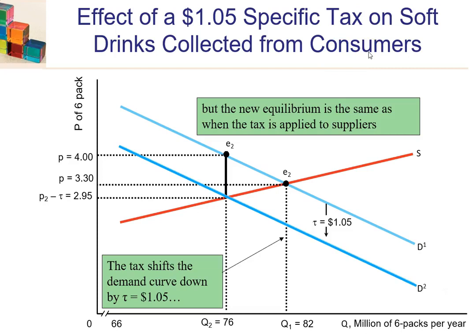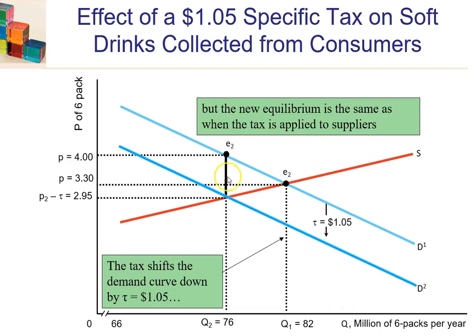And the last thing worth noting is that the vertical distance between the original demand and supply curves is called a tax wedge. The tax wedge, this vertical distance, is the amount of the tax, or the $1.05, this area here in black.